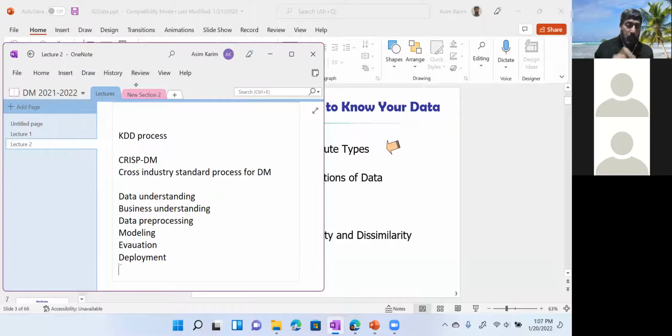One common notion is that if you have a dump of data, without knowing where it is coming from, you can do data mining on it. Usually you will get spurious, meaningless results. You need to relate your result back to the original process that is generating the data. That's why business understanding is very important.